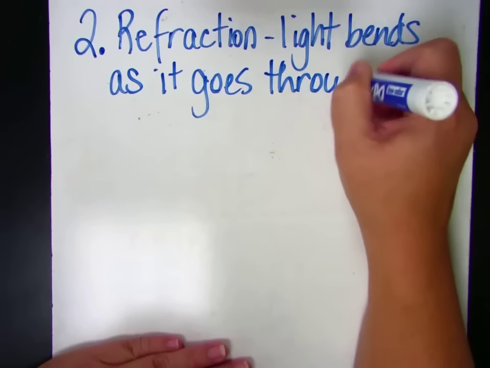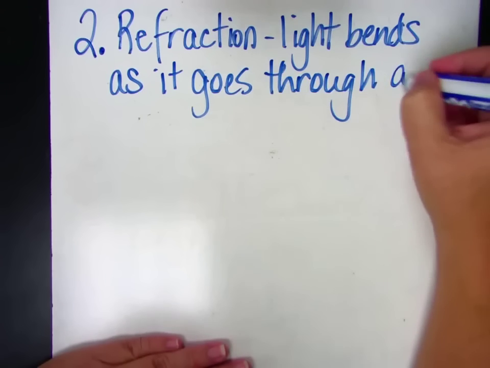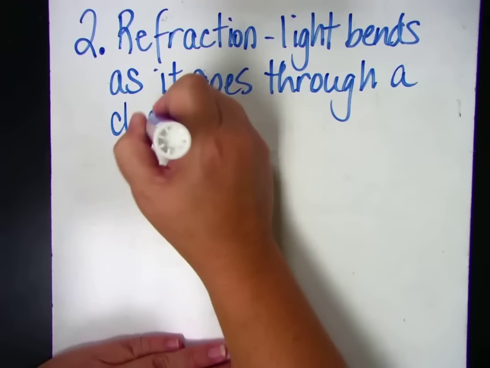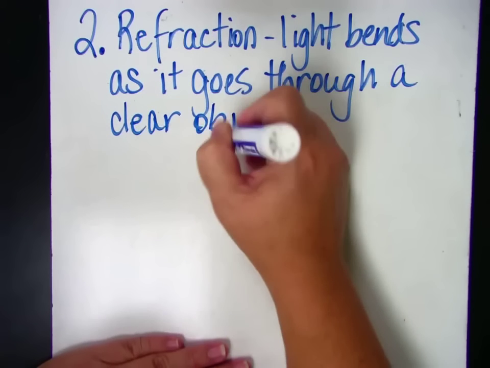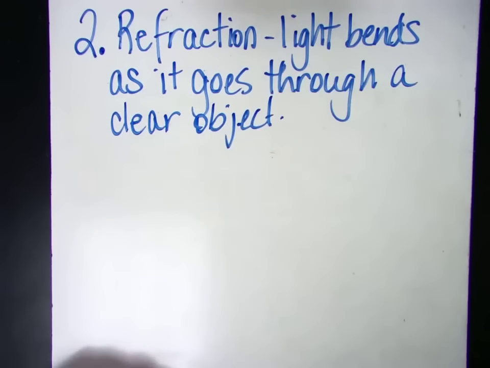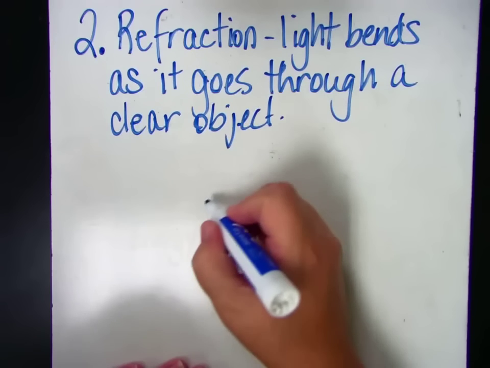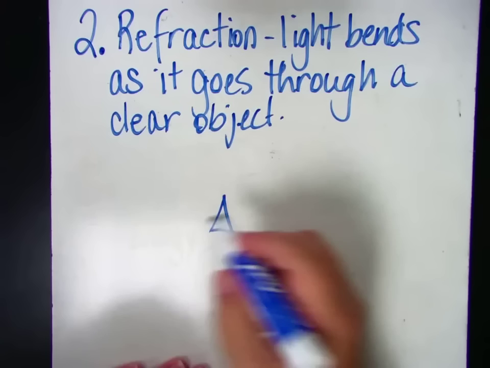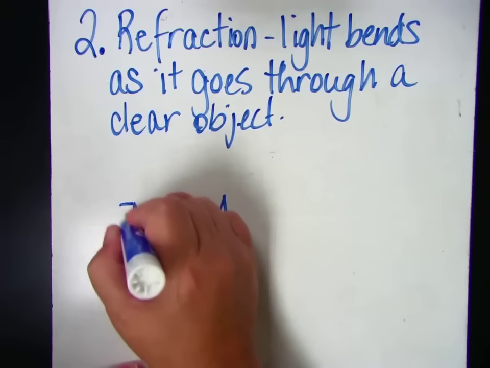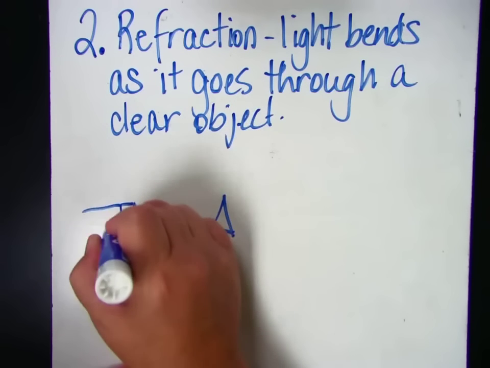And one of the ways that we demonstrated this was use a prism. And when we shone the light through the prism, remember it was a triangular prism, and we used our flashlight again.